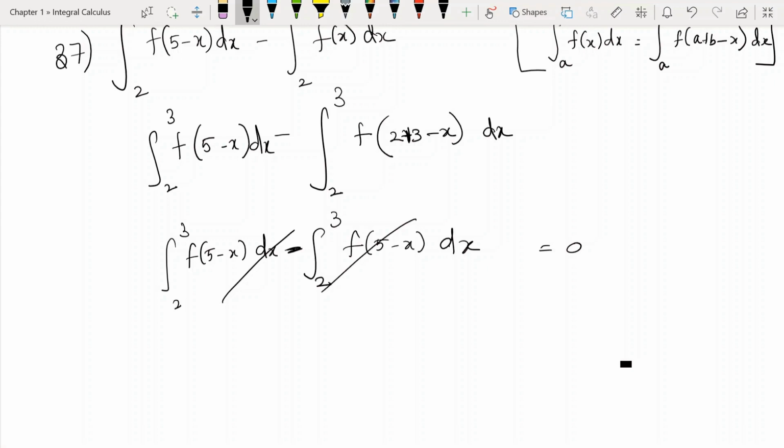Now as self-practice, you can do the following problems. Question number 12, sorry, 12 already completed, right? Question number 18, 19, 20.